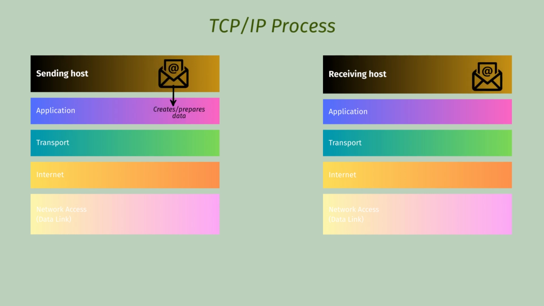At layer 4, data is created, formatted, and passed to the next layer. At layer 3, we add TCP or UDP headers with port information. At this layer, data is represented as a segment, then passed on to layer 2. At layer 2, we add IP headers with source and destination IP addresses.